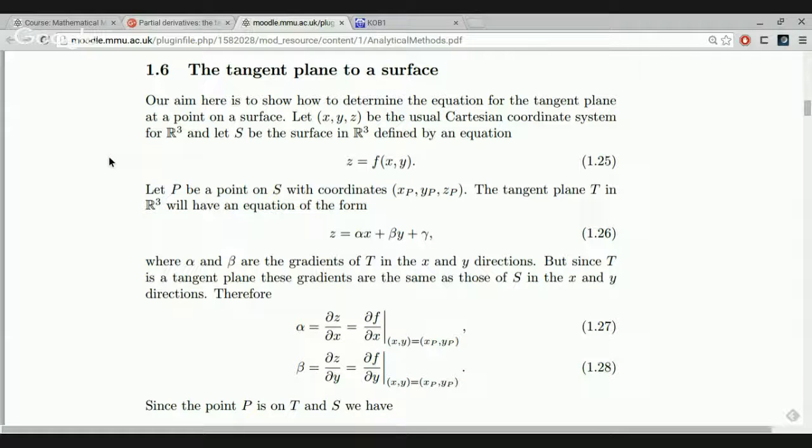Just as a function of a single variable possesses tangent lines to the graph of that function, we've seen already that for a function of two variables, the equivalent thing to the graph of the function is the surface defined by the function.